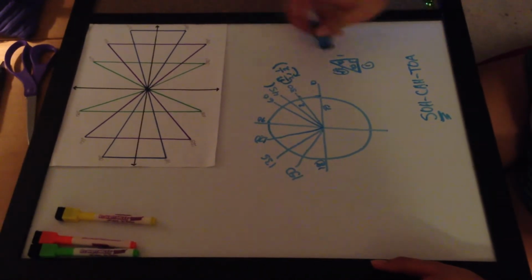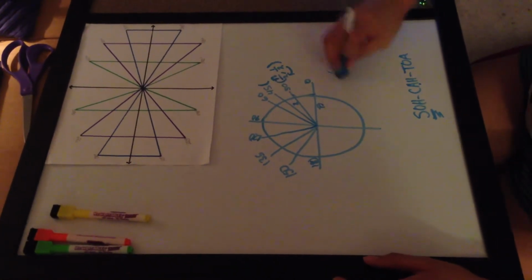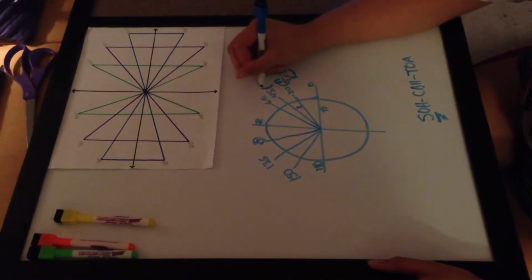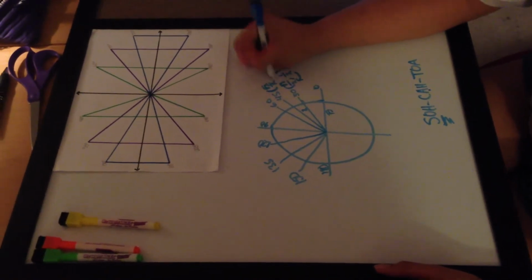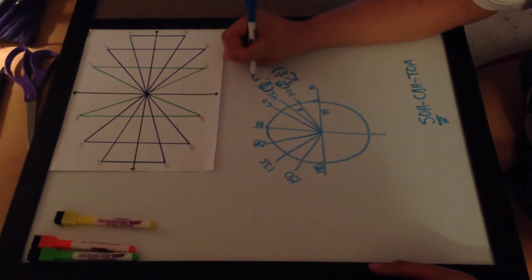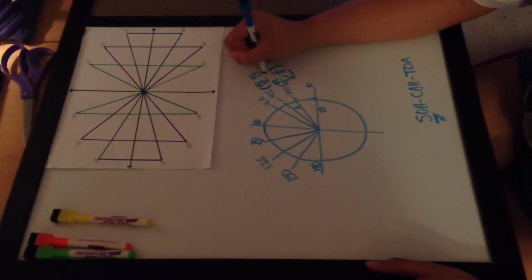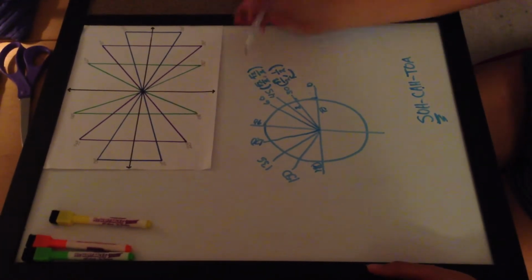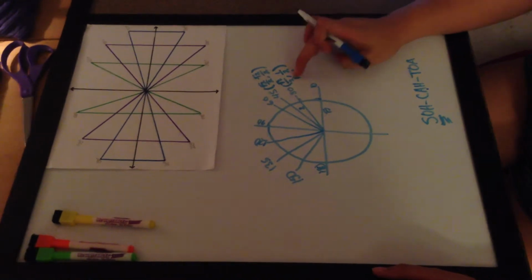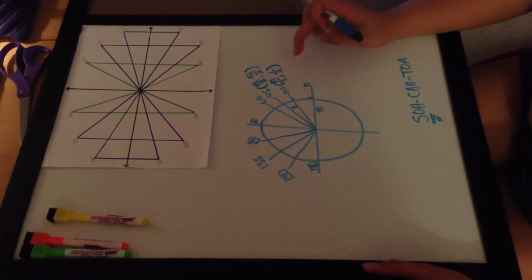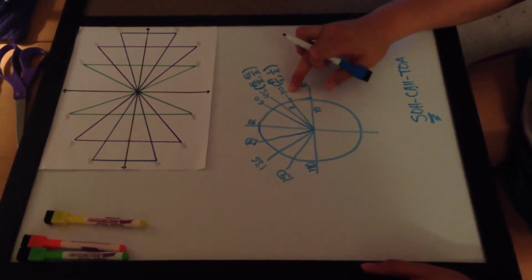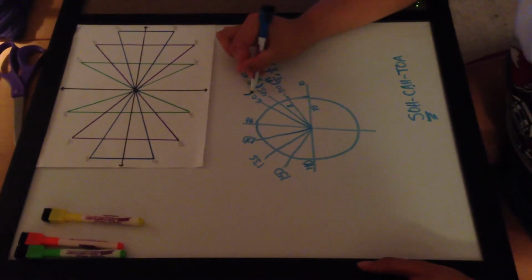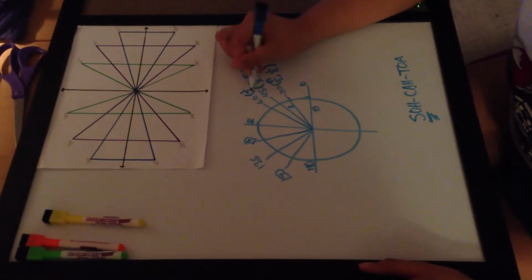So, for this, you will be having a root 2 over 2 value. And then for your 60, as you might imagine, it's the same ratio as your 30, so your sine and your cosine will be switched.